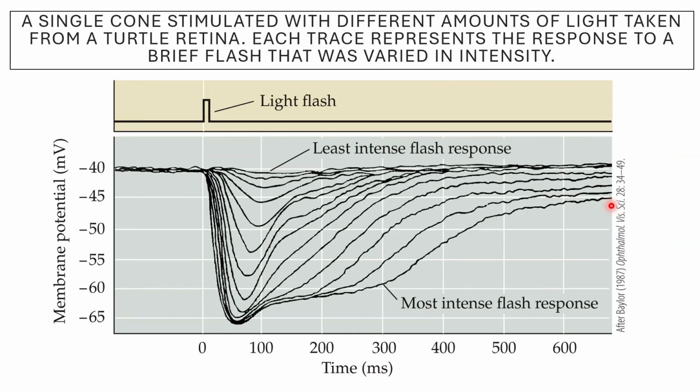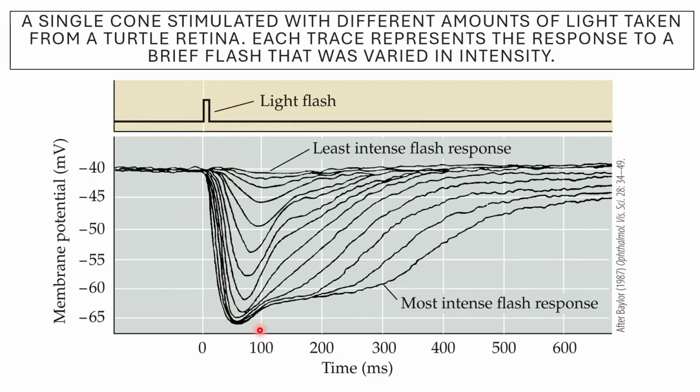Okay. So one thing that's interesting about the way cones work, photoreceptors work, is that we're able to measure the membrane potential if we flash a light. As I said, these are light-sensitive cells, and all we need is just a tiny little flash of light, and we can strike a cell, and then we can measure the activity. We can change the intensity of the light, so this would be one flash, but we could make it higher and higher.